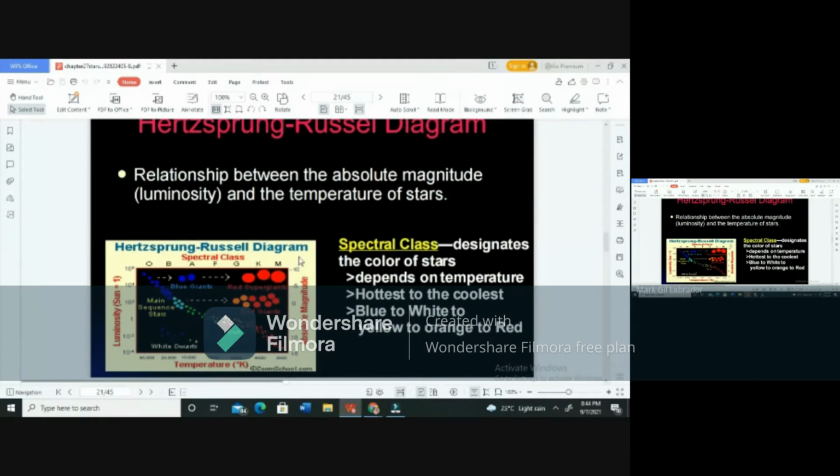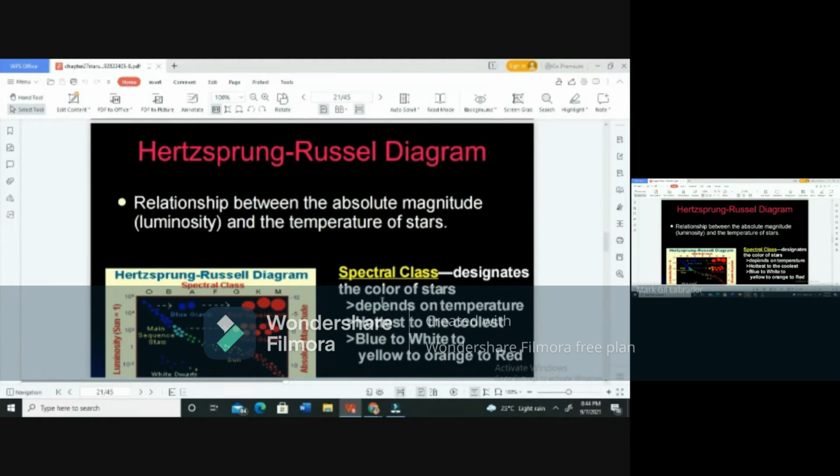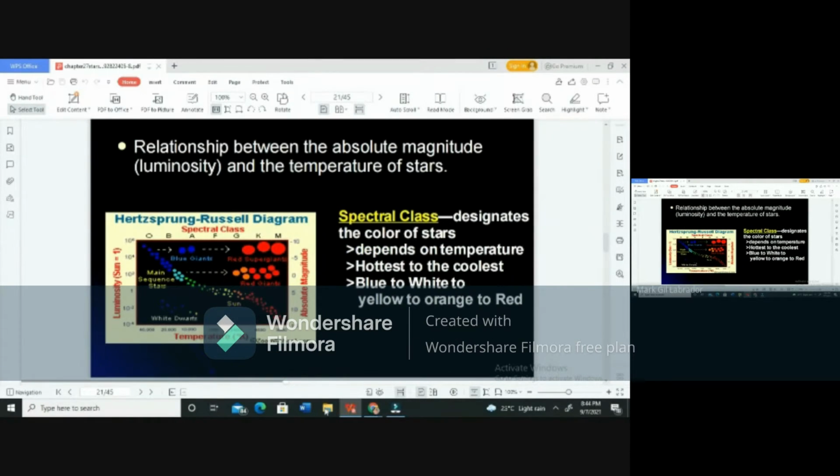Another one, itong ginagamit natin, is the Hertzsprung-Russell diagram. It's a relationship between the absolute magnitude or luminosity and the temperature of stars. Obserbaran ninyo, we have here the spectral class that designates the colors of the stars. Usually, yung mga blue colors, they are the giants. Another one, ito mga main sequence stars, combination of the red.